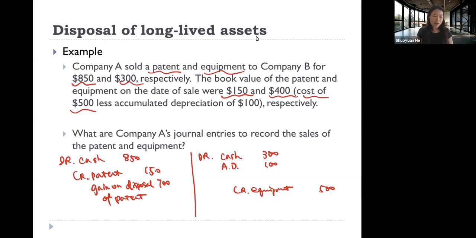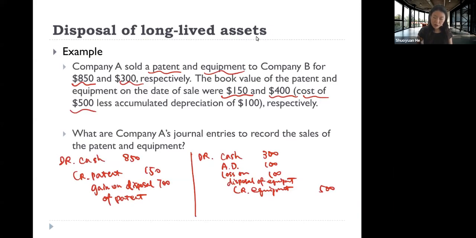And then the difference between the book value of $400 and what Company A gets, $300, that's $100, and that is a loss for the firm. So that is loss on disposal of equipment.